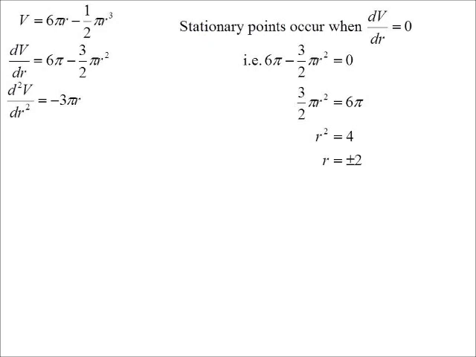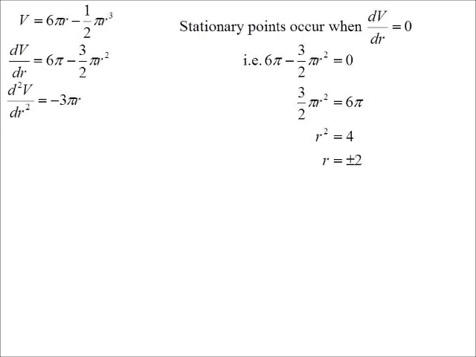Logically, which one should I pick? Okay, yes, you are correct. Logically, I should pick the maximum because that's the one we're trying to find. But logically, which one, either r equals positive 2 or r equals negative 2, should I pick? Because it's bigger?